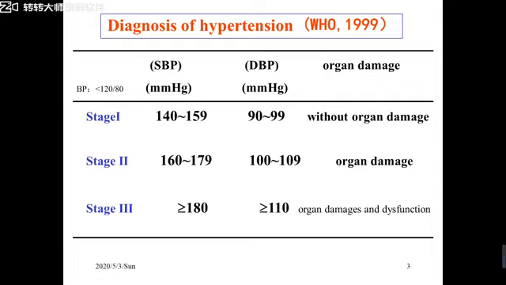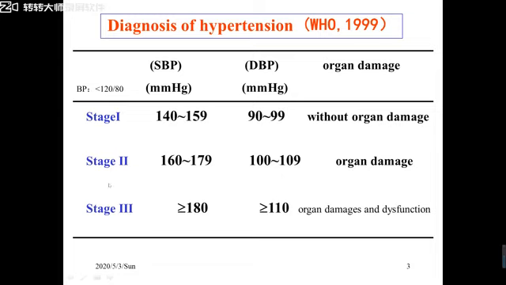And then the second stage, moderate hypertension patients: their systolic blood pressure is from 160 to 179 mmHg, and their diastolic blood pressure from 100 to 109 mmHg.